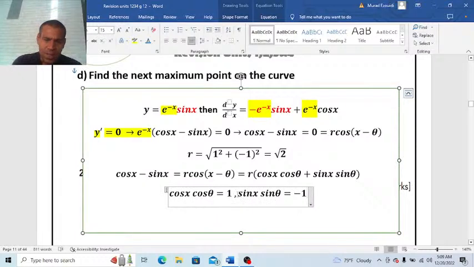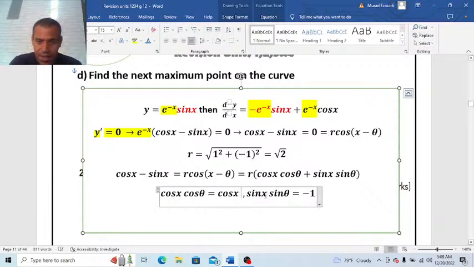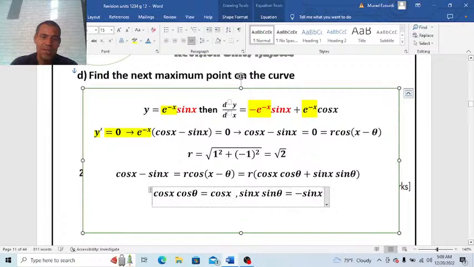Therefore, cosine of x, of course 1 multiplied by cosine of x, and this is equal minus sine of x. Then I will cancel the sine of x. Here cosine of x and here cosine of x. So cosine theta, okay. And here there is, let's say, r.